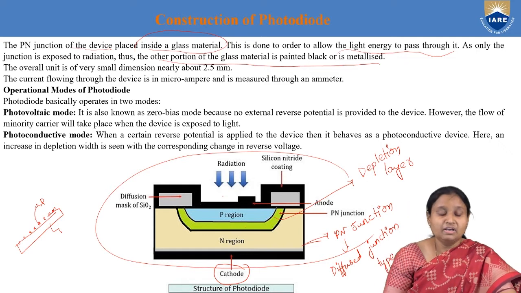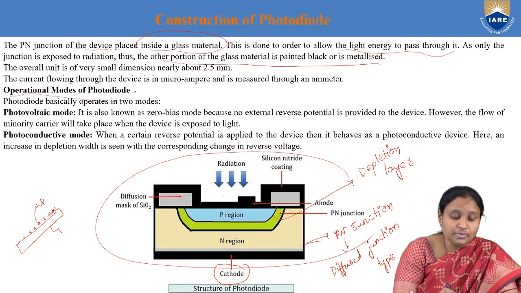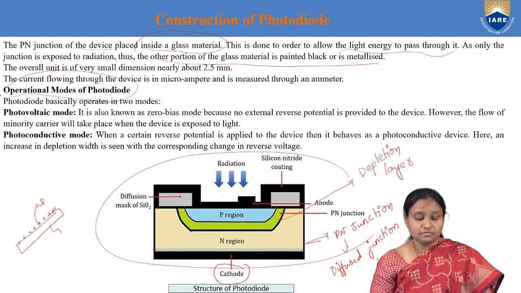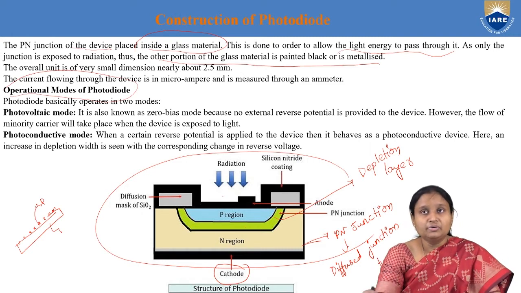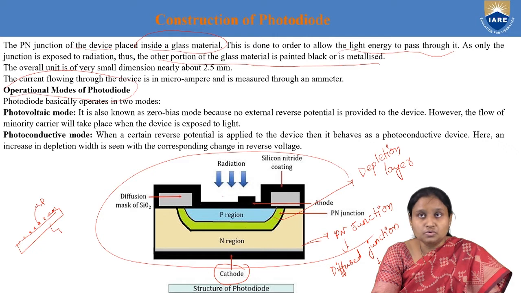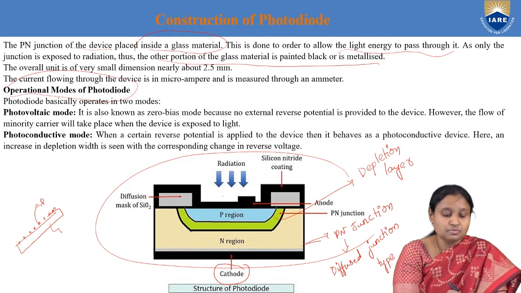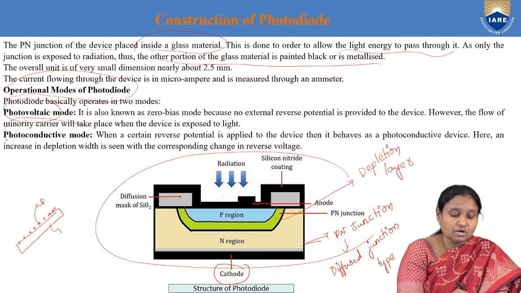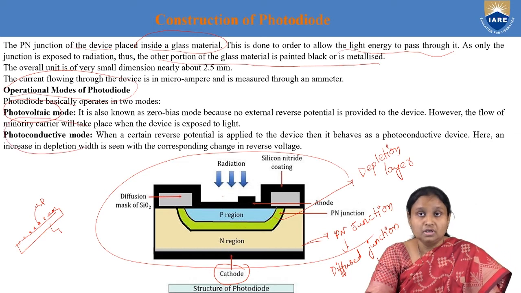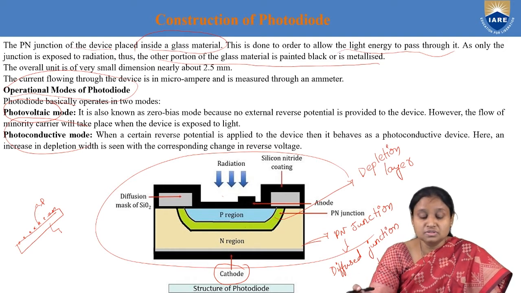And one thing we have to understand here is that there are two operational modes of photodiode. So this photodiode is going to operate in two modes. What are those two modes? The first mode is called photovoltaic mode, and the second mode is called photoconductive mode. So what is photovoltaic mode? In photovoltaic mode, we are not going to apply any external voltage. So it is zero bias mode.